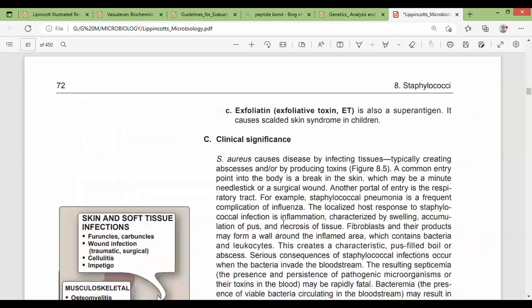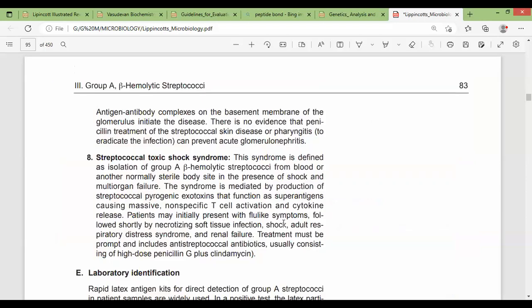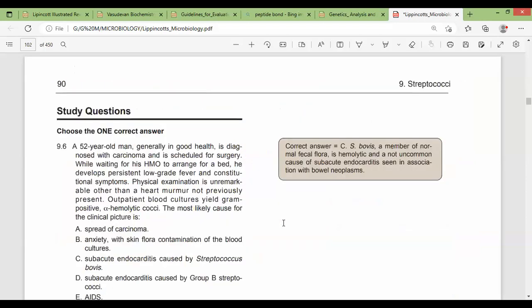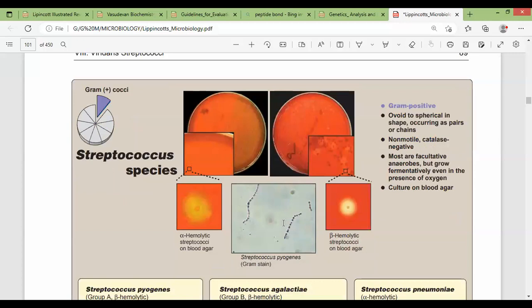And then here we brought an aspect that they have varying degrees: they can lyse RBCs to varying degrees. So catalase negative, we mentioned.